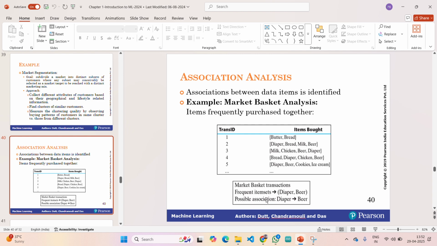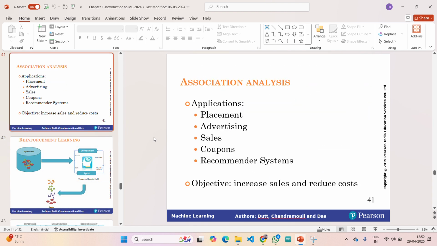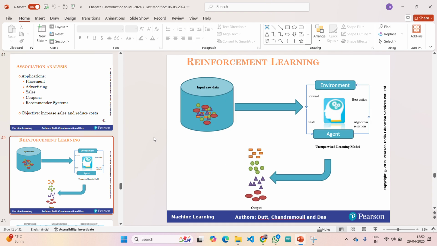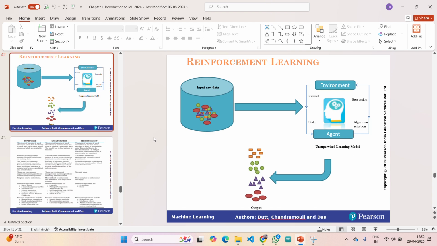But what is the correct possible association is diaper followed by beer. That's something like order, right? If you observe carefully, after diaper only beer is present in these three transactions, nothing but three rows. That's how association analysis works. Applications and all we will see deeper while we are discussing individually.